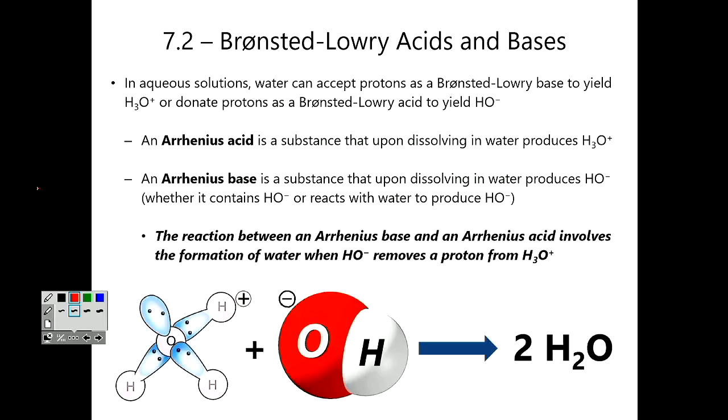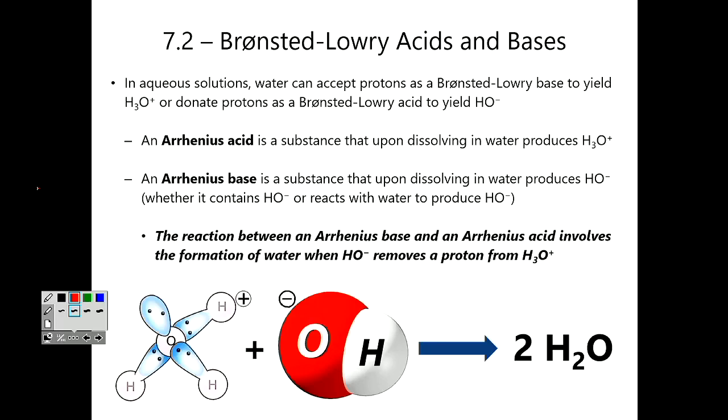Now, you can go further and restrict the definition to only happening in aqueous systems. In this case, we call it an Arrhenius acid or Arrhenius base. Any substance that upon dissolving in water produces, or in fact, as we're going to learn, increases, because there's already some in there, very small amount, increases the amount of hydronium, H3O+.